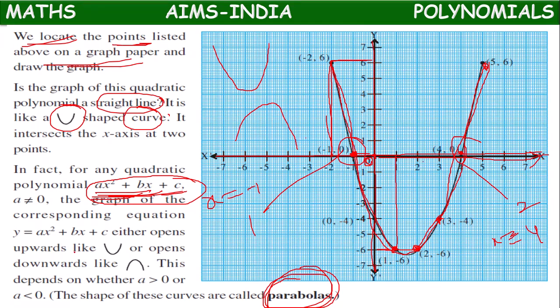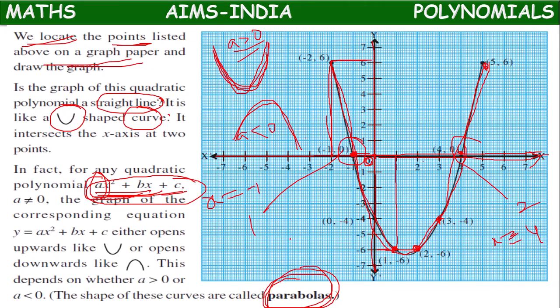It depends on the a value, x square coefficient. If a is greater than 0, they will be open upwards. If a is less than 0, open downwards. Like that curves we can have.